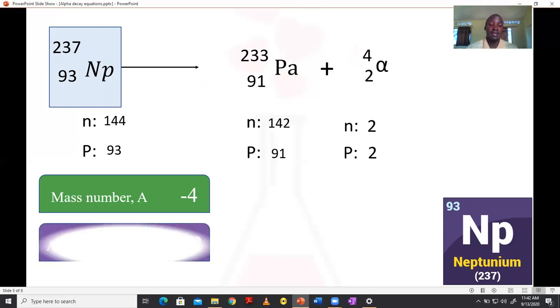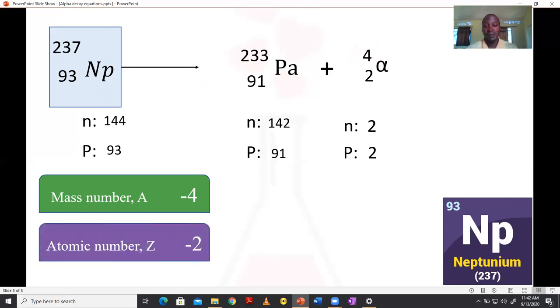And the atomic number decreases by 2, from 93 to 91. So by knowing this, we can always easily foretell the product formed, or the substance that underwent this kind of decay, without writing this kind of notation.